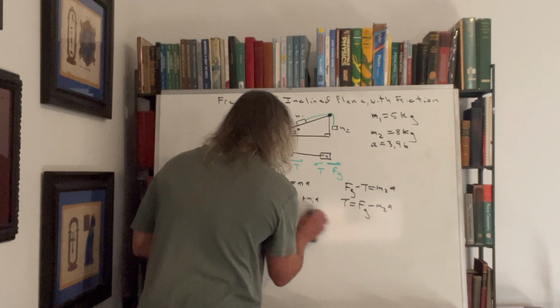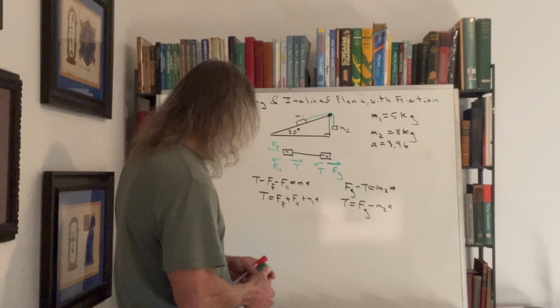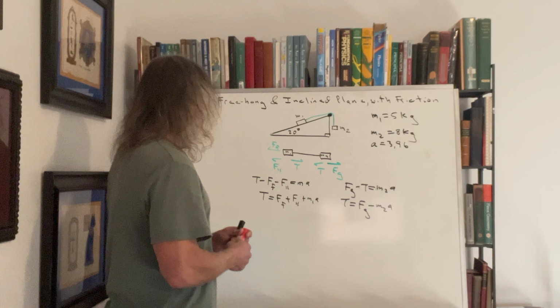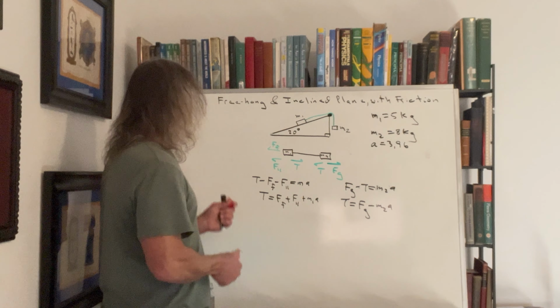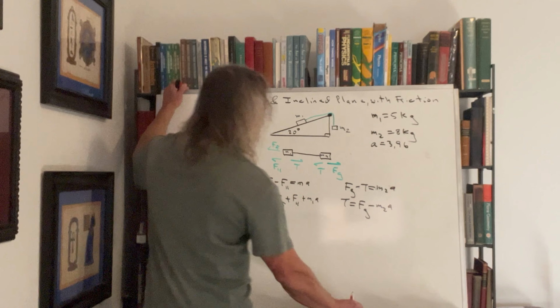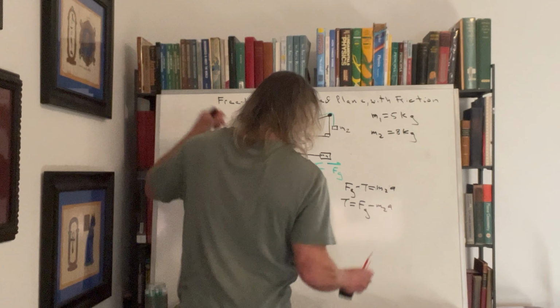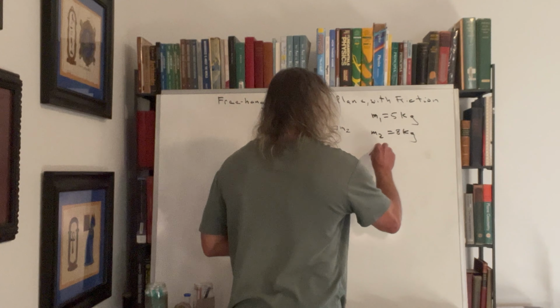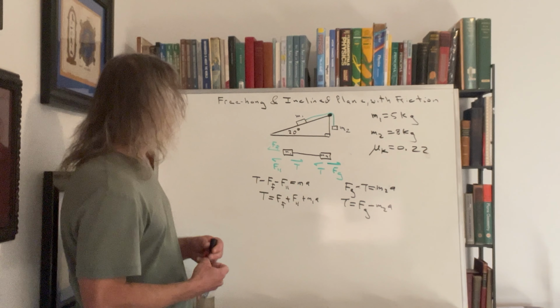So we get the force of friction on this. Remember, mu is 0.22, kinetic.